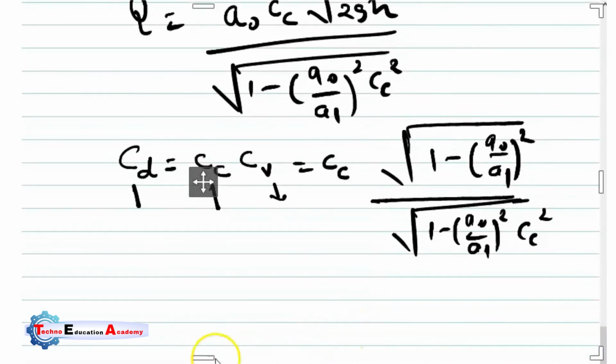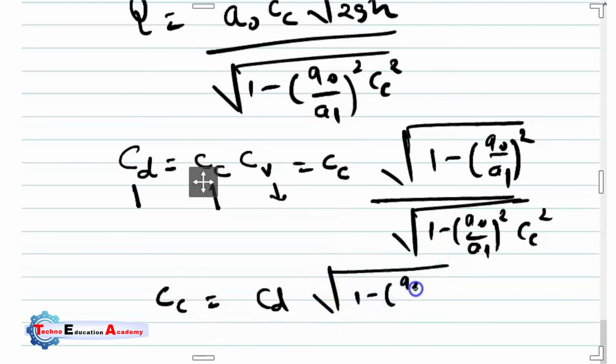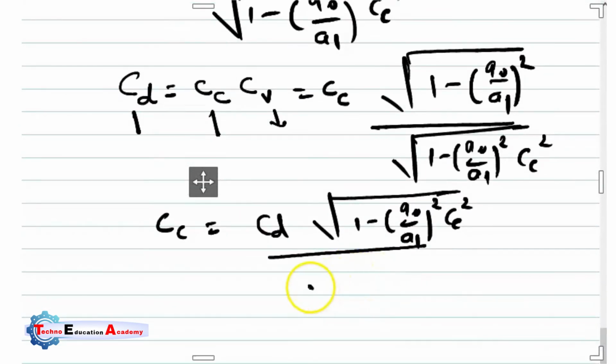Now we can further simplify the equation. CC is equal to CD bracket under root 1 minus (A0 by A1) whole square CC square divided by under root 1 minus (A0 by A1) square.